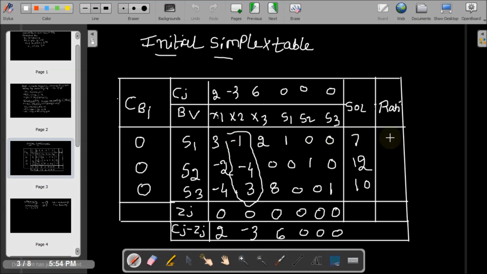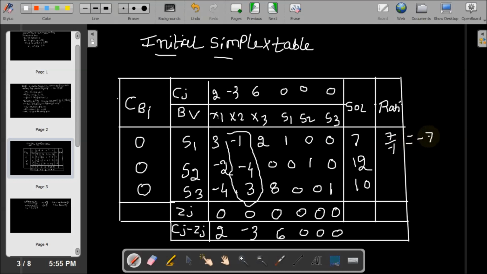That is, 7 divided by -1. What is the value of the ratio?